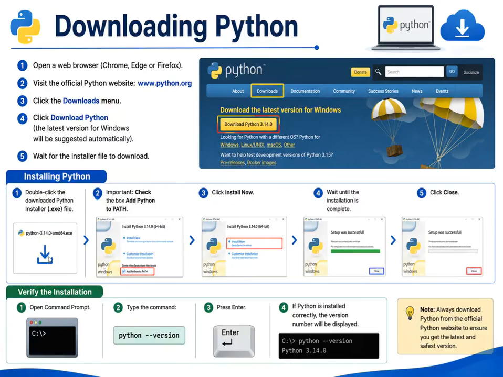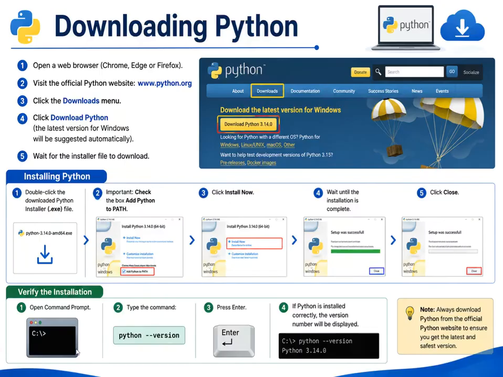Double click on this file. It will start installing Python on your computer. Look at these 1, 2, 3, 4 steps. After all these steps, at last it will say setup was successful, and you close it.